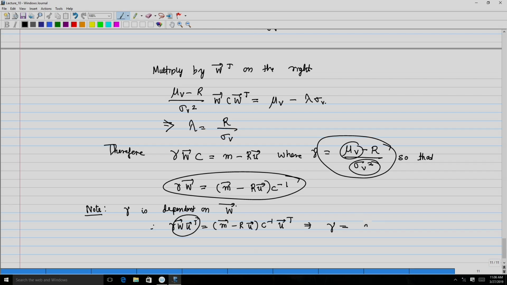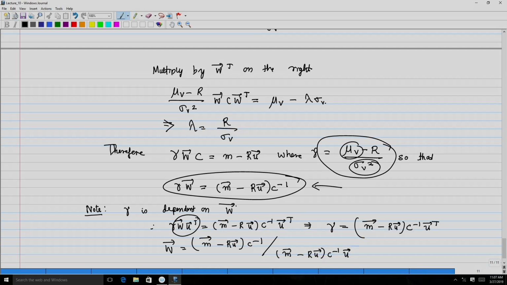So, this will give you gamma to be equal to (m minus r u) into C inverse into vector u transpose. So, I can now replace the value of gamma here to obtain the weight W to be (m minus r u) C inverse divided by (m minus r u) C inverse u transpose.